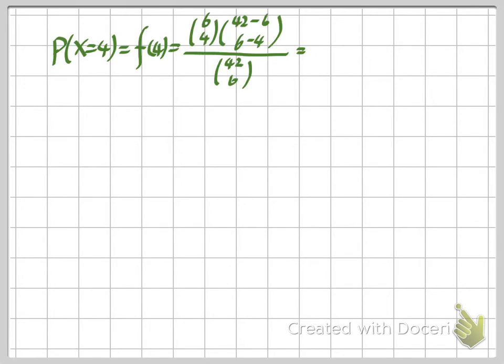Then we use our calculator and the definition of combination to compute all of these combinations, and then compute the multiplication and division. So I will just give you the final answer, which is 0.0018. This is what we have for computing this probability.